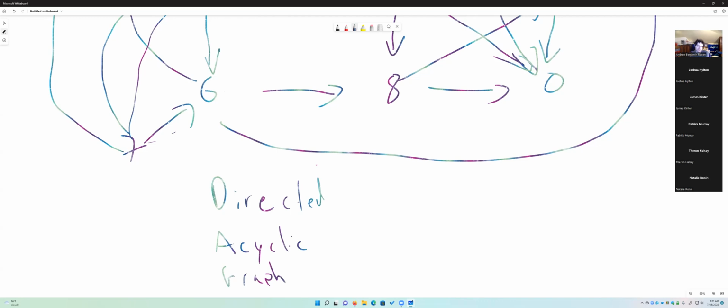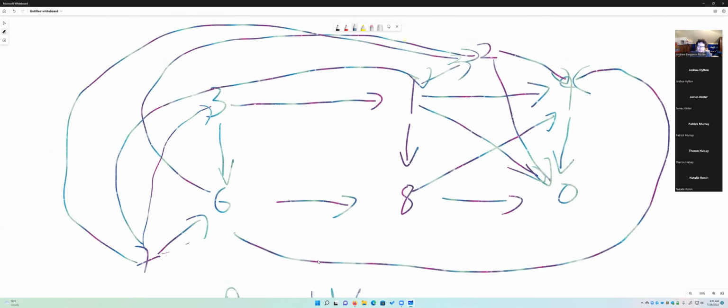What does directed mean? Directed means that we've got directed edges. We understand what that means, and we understand that it's a graph. Acyclic is the only weird word that we don't know. A cyclic graph means it has cycles, and the A in front of it means none. So this is acyclic. It is a directed graph with no cycles.